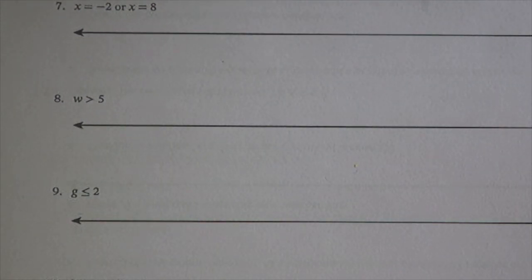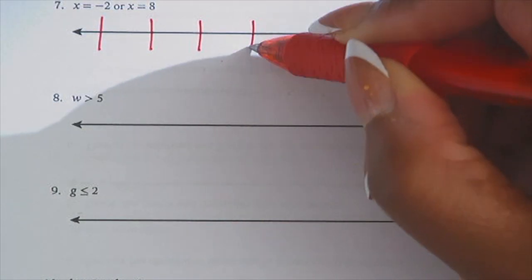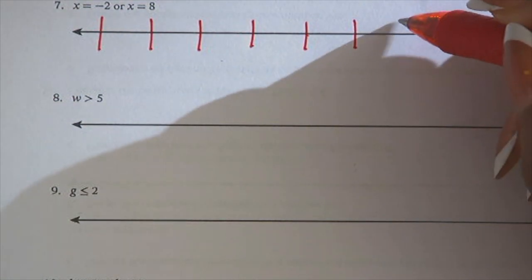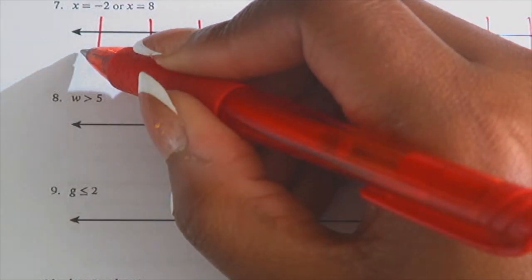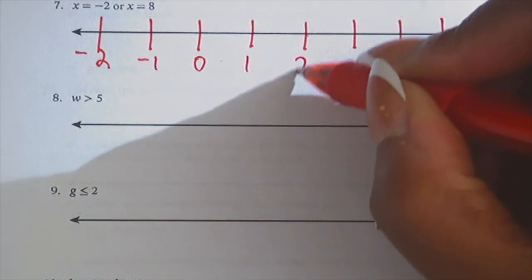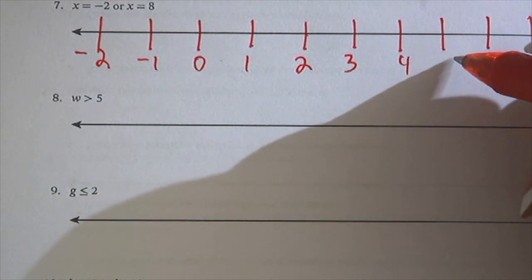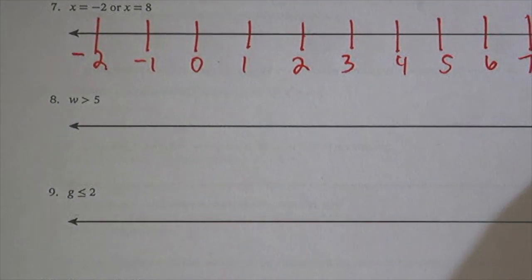So we have x equals -2 and x equals 8. Let's go ahead and make a number line. All right.